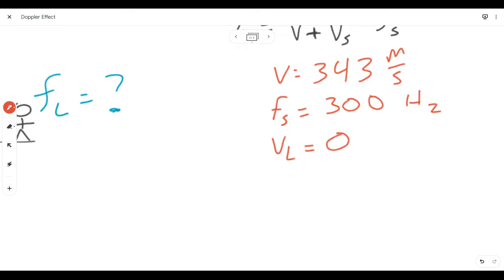Now, here's where it gets a little trickier. We know the source, or the fire truck in this case, is moving 20 meters per second, but where this gets trickier is figuring out whether to make that number positive or negative in the equation.